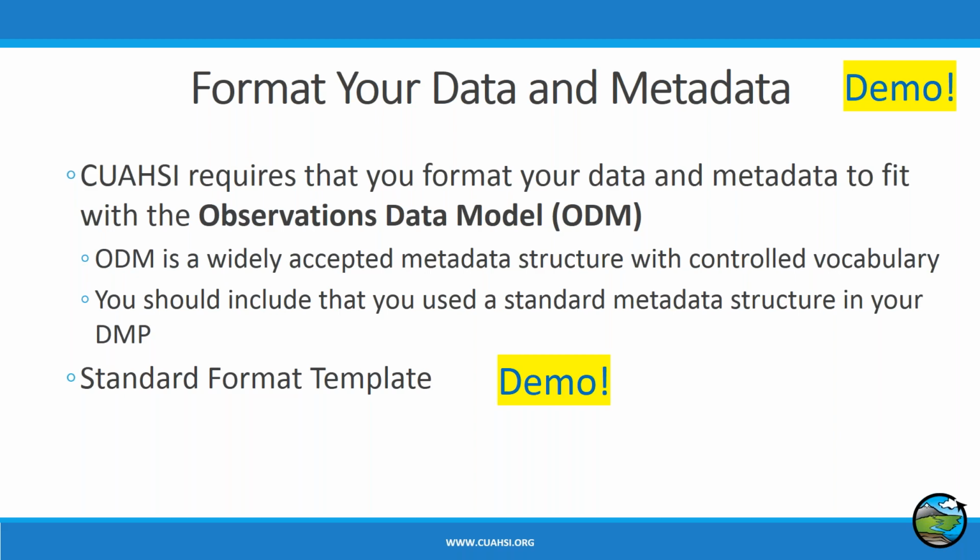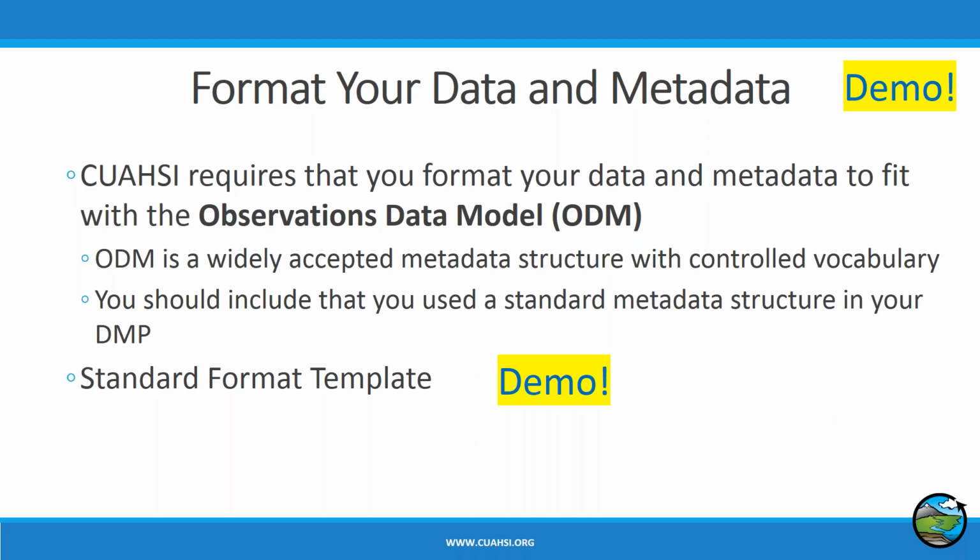The advanced format template has more fields to fill in, so the standard is really just a subset of the advanced. You would use the advanced format if you have data that requires that you show qualifiers or flag data, or if you have chemical data where you need to describe in detail the lab methods.